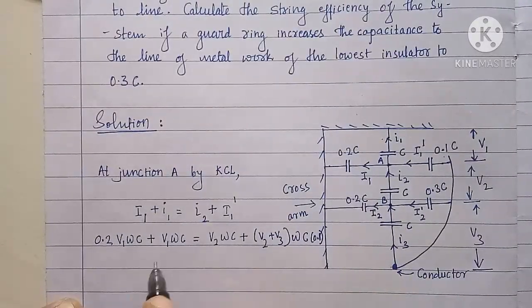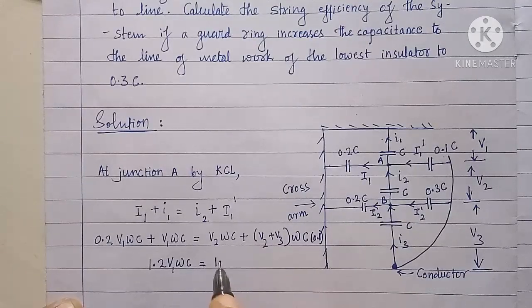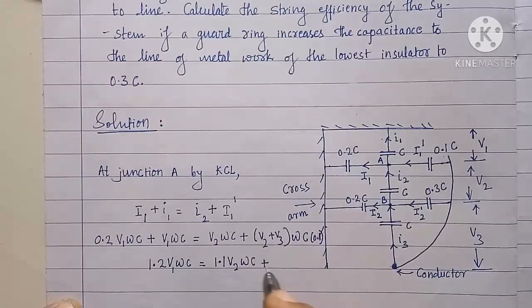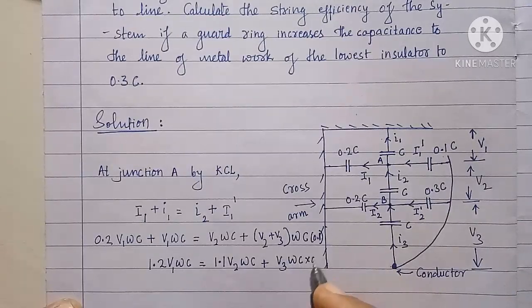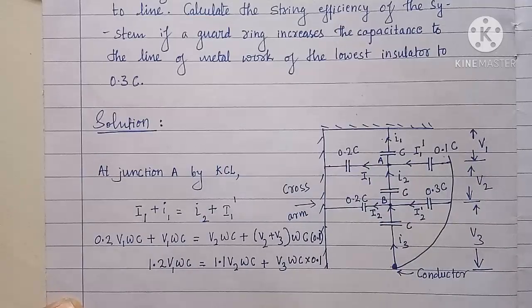Adding these two we get 1.2 V1 omega C and 1.1 V2 omega C plus V3 into omega C into 0.1.